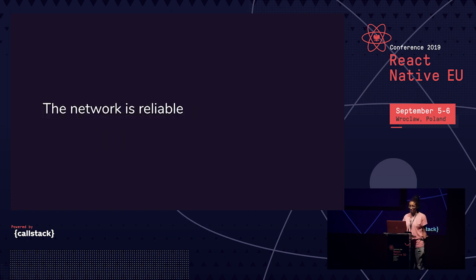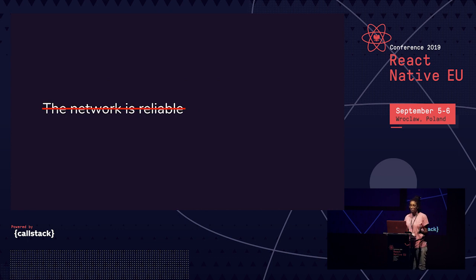And one of the fallacies of distributed computing is that the network is always reliable. And we developers, we tend to think this sometimes because we build in controlled environments where the network is usually very great. We build with the fastest and the best machines, and we test with the best devices. But the reality is that the network speed on our users' devices vary greatly.